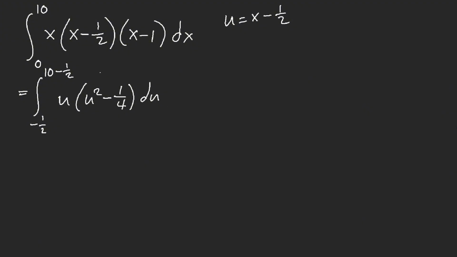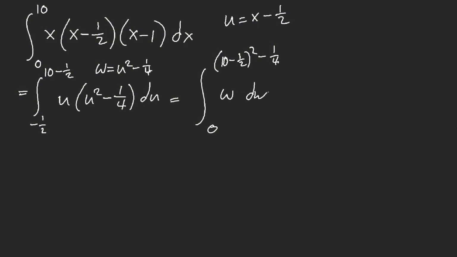And then you do another u substitution, right? Now you see where this is going? You see how nasty this is? Now you literally have 10 minus a half squared minus 1/4. And then here you have like 0, because this is a squaring, this is 1/4. So now you have w, and then you have this.